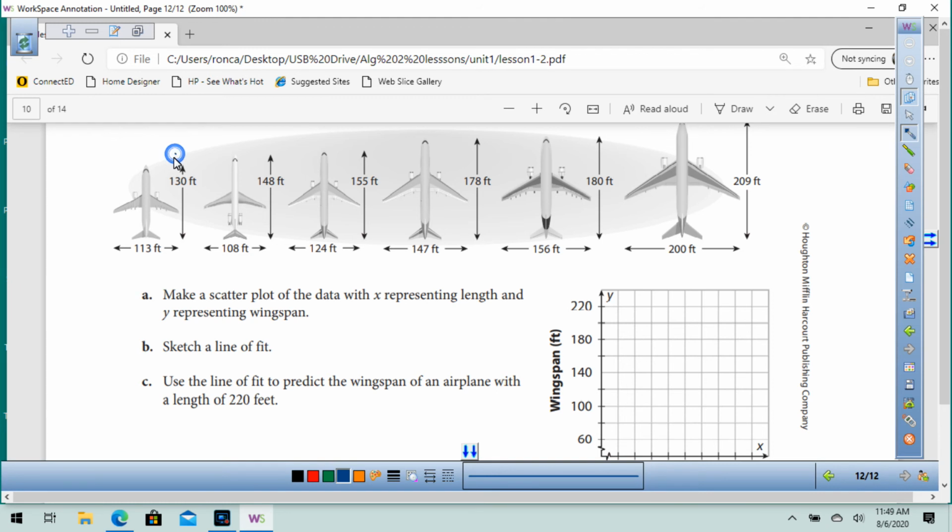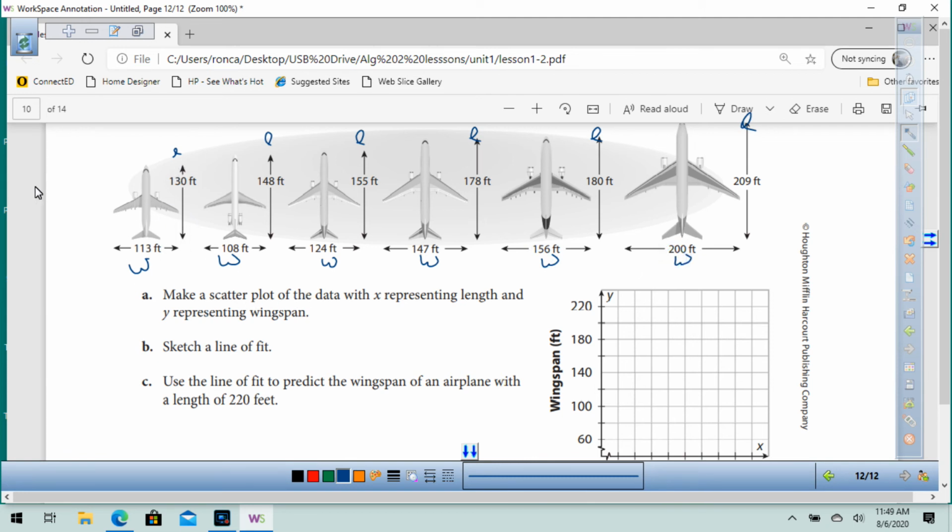That's the length, that's the length, that's the length, and that's the length. And these are all widths. Okay. All right. Make a scatter plot.